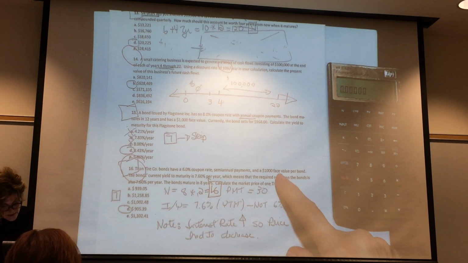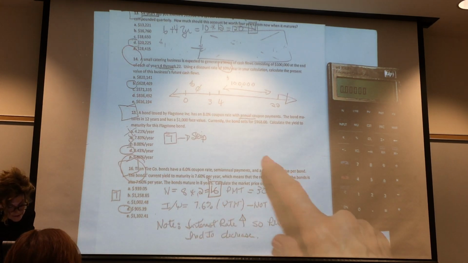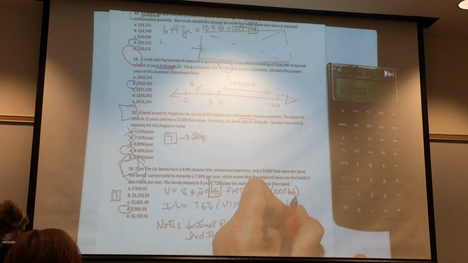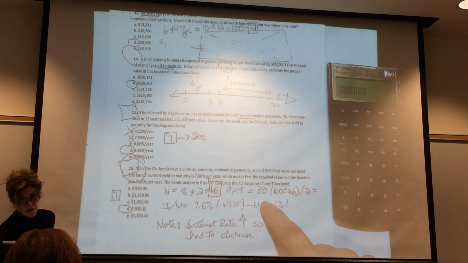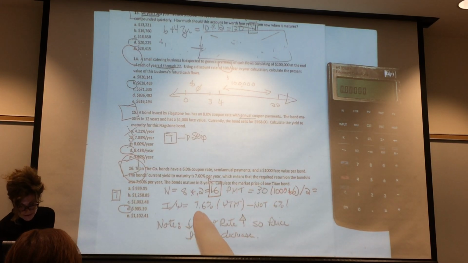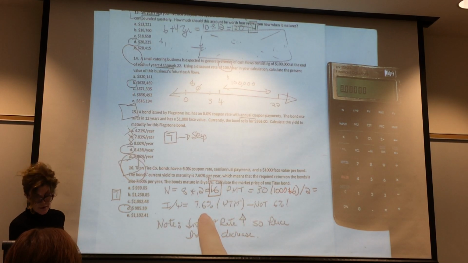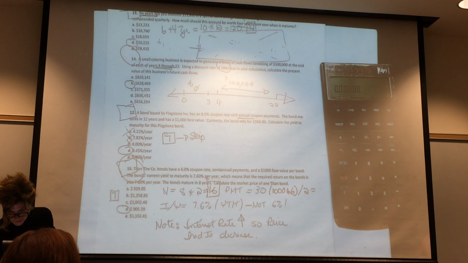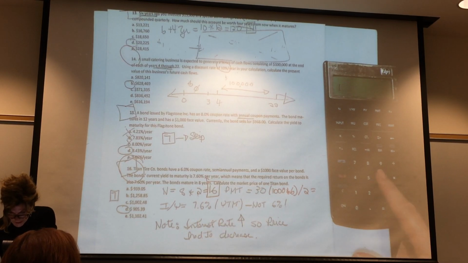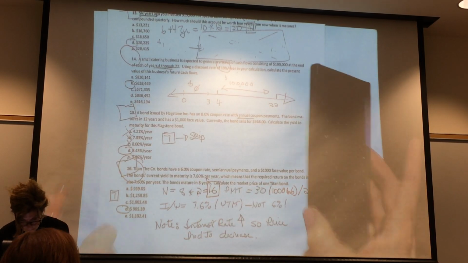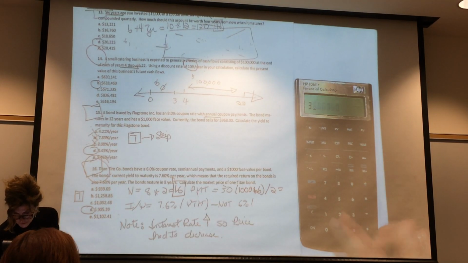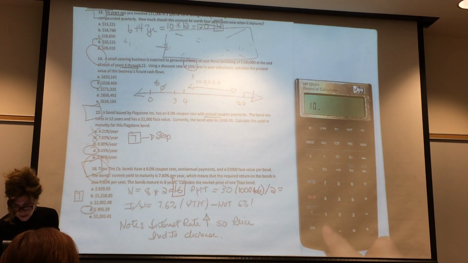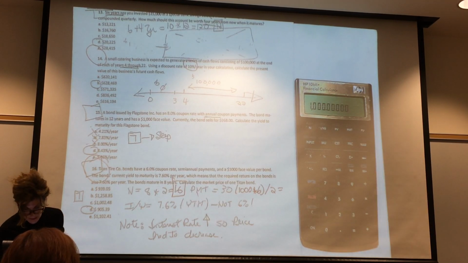Your payment is $1,000 multiplied by 6% divided by 2. That's your $30 coupon. Your interest a year is 7.6% that you're going to discount it at. Don't change that rate. So, I'm going to put in 16 payments as my N. 30 is my payment. $1,000 is my future value.